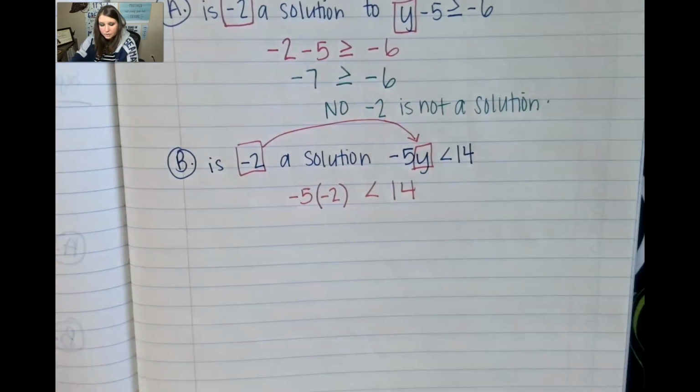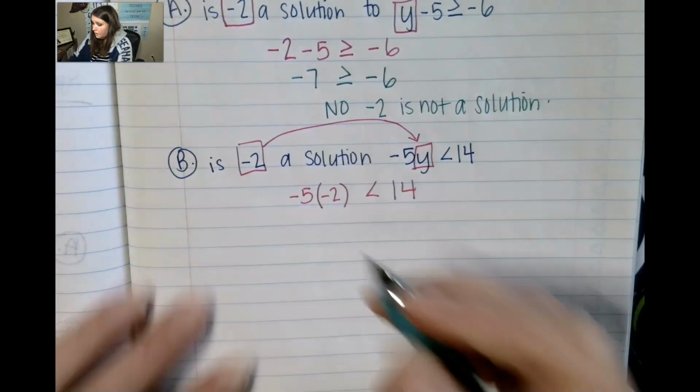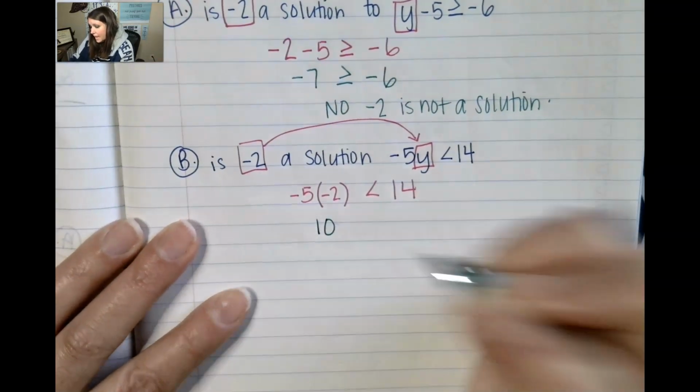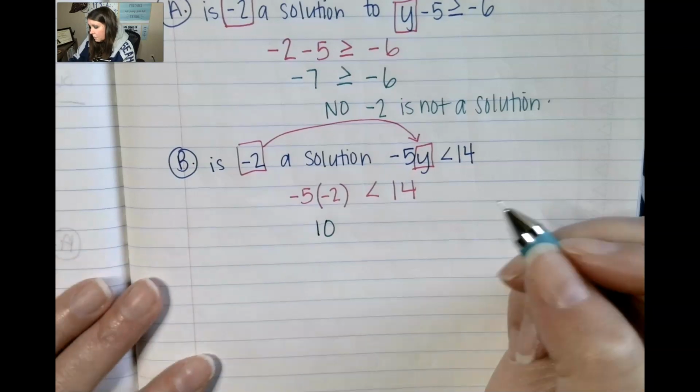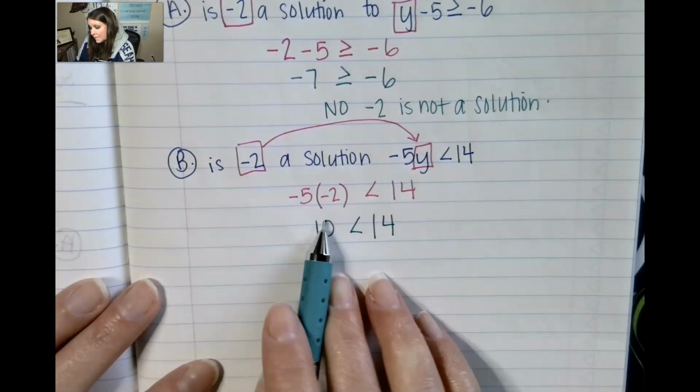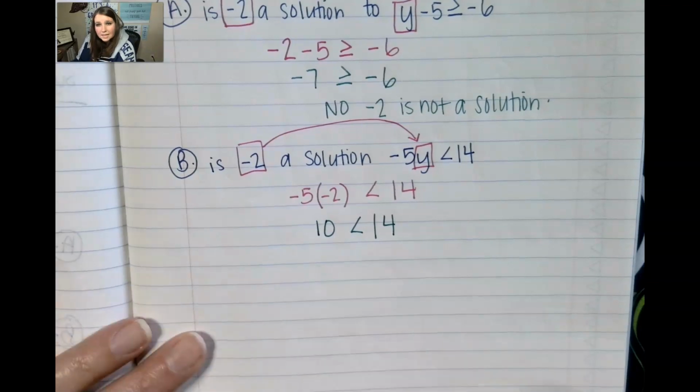All right, let's solve it. Negative 5 times negative 2 is 10. Negative times a negative is a positive. 10 is less than 14. Is 10 less than 14? Yes.